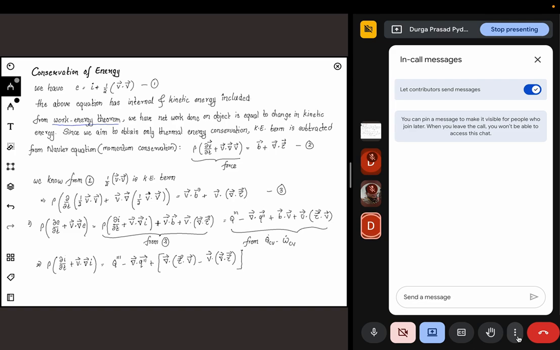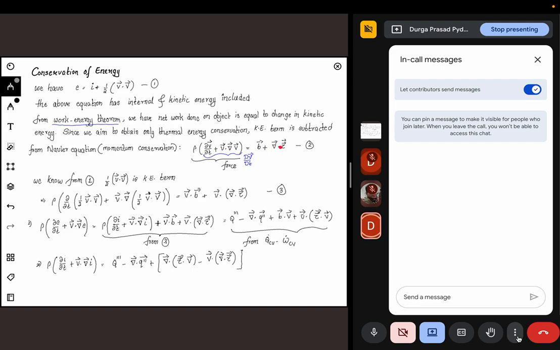So from the Navier-Stokes equations, we know that the net force is given by rho times dv dt, the material derivative of velocity, which is equal to whatever body forces plus whatever surface forces are acting.